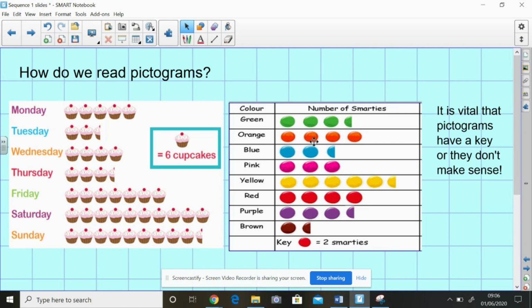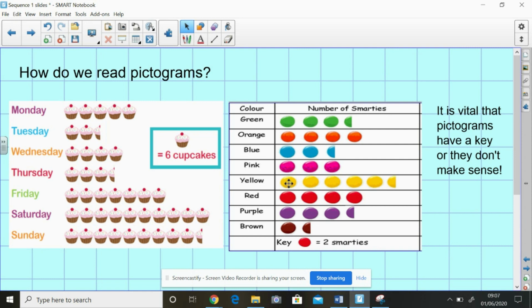Remembering that each of these dots equals 2, and we know that from the key. So how many Smarties were orange? 2, 4, 6, 8. Let's do one more. Let's look at yellow. Okay, so how many Smarties were yellow? Each dot is worth how much? Well done, 2.